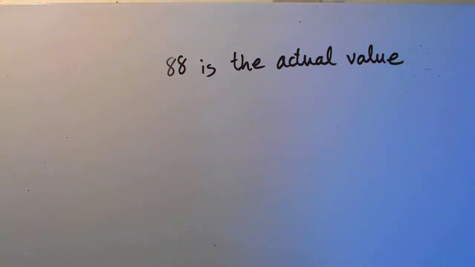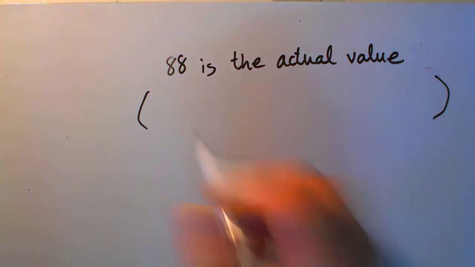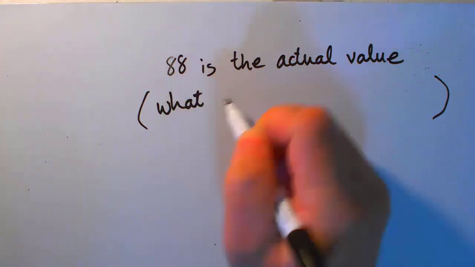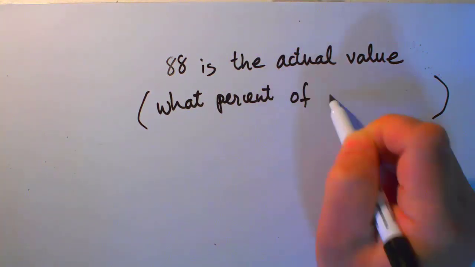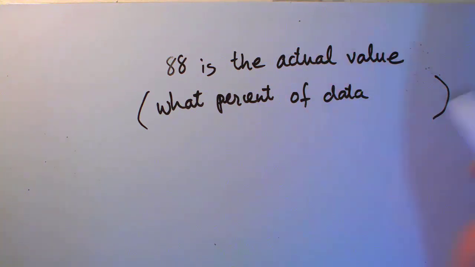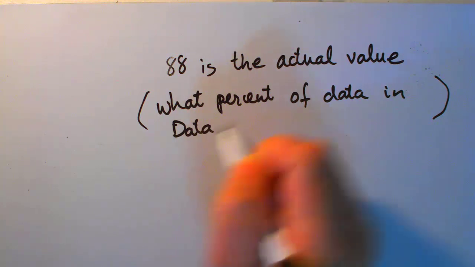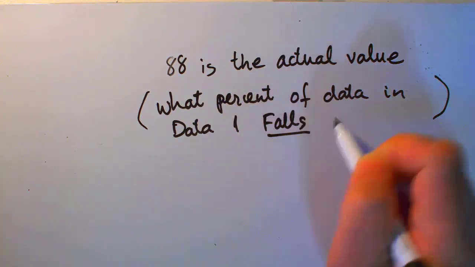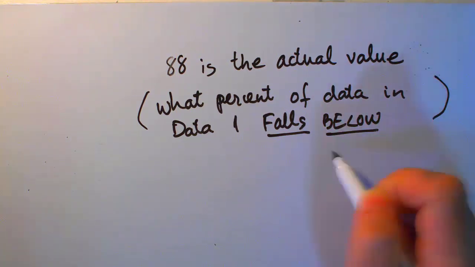So this question in our example is, in other words, asking what percent of data in data 1 falls below 88.